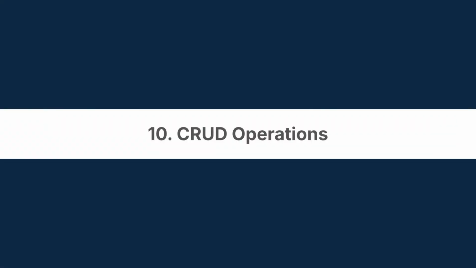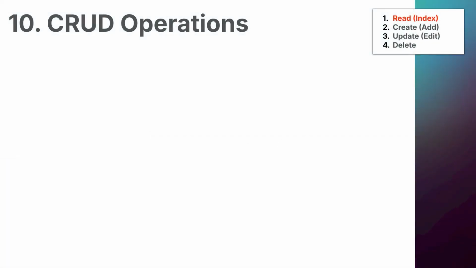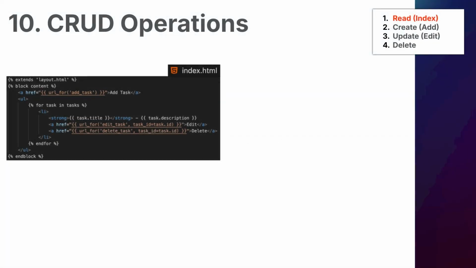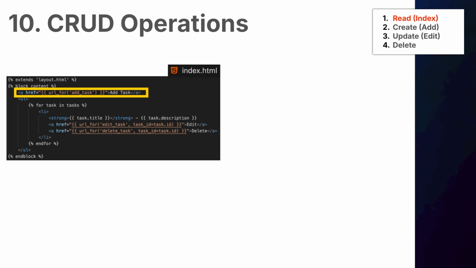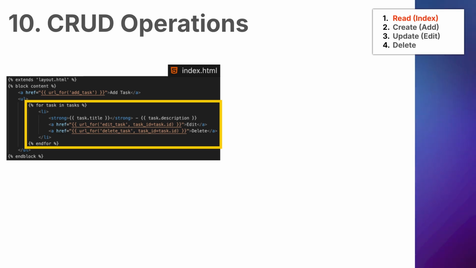Step 10, CRUD operations. First, read. Let's update the block content section in the index.html file. First, add a link that points to the route for adding a new task. url_for('add_task') automatically generates the correct URL for the add_task route function. In the unordered list section, Jinja2 syntax is used.